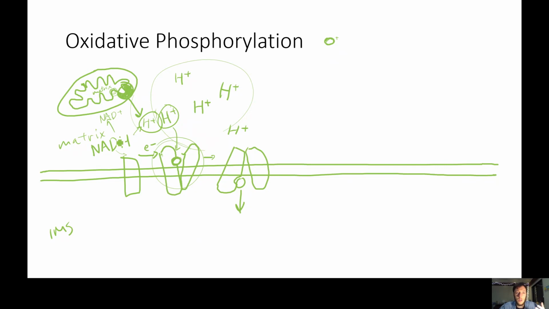It's all set up perfectly the way that it needs to be. So this NADH is donating this electron, which is changing the shapes of these cytochrome complexes, which then pump hydrogens onto this side of the membrane into the intermembrane space.